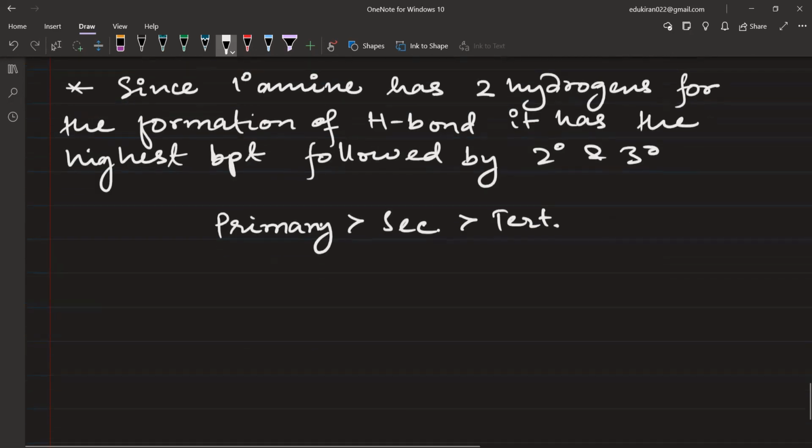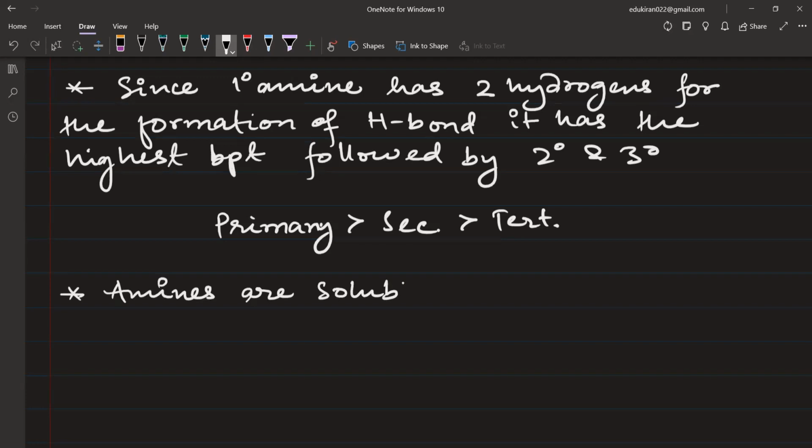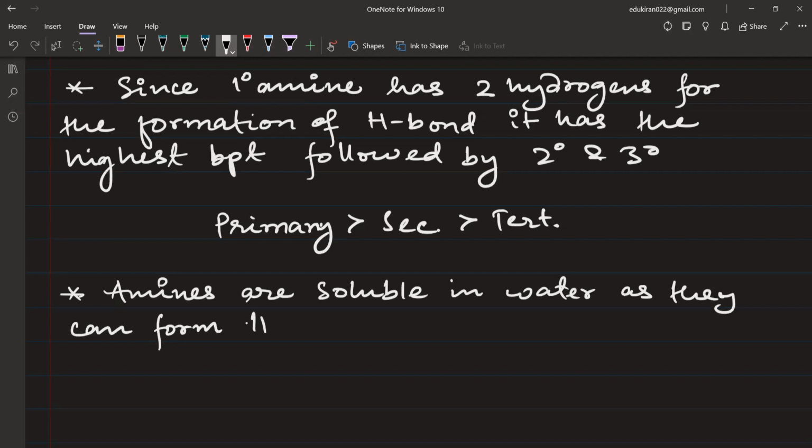Now, regarding solubility, please write. Amines are soluble in water as they can form hydrogen bond with water.